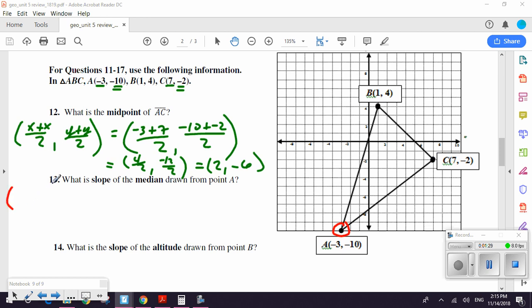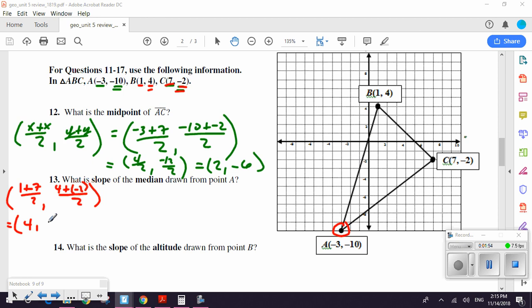So the x's of B and C are 1 and 7, so add those. And then the y's are 4 and -2, so add those. So the midpoint is 8 divided by 2, so 4.